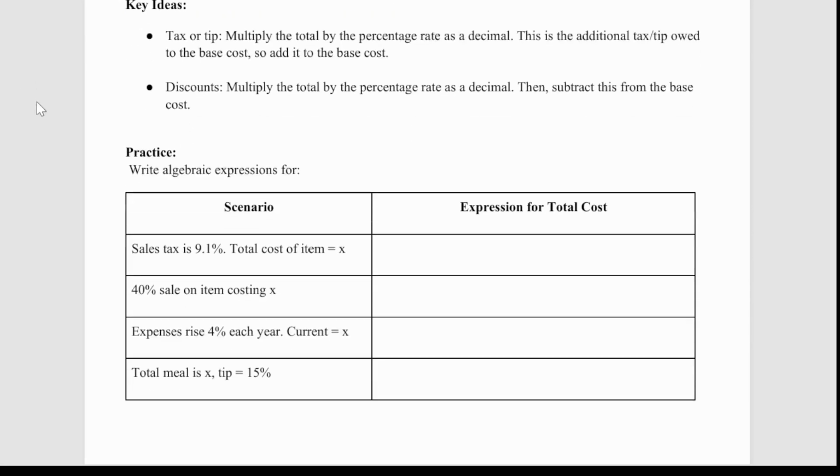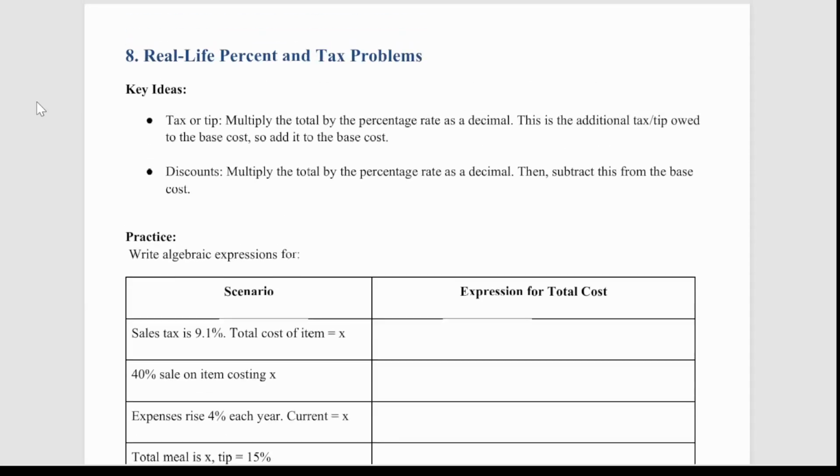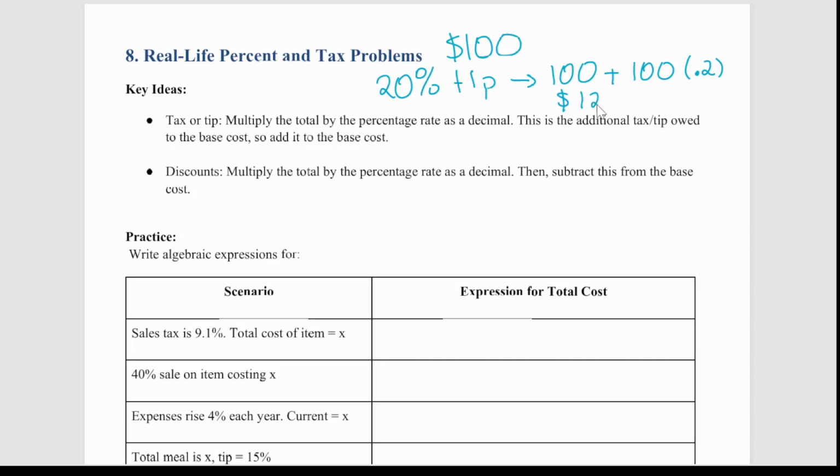So let's take a look at a very concrete example of that with actual numbers before diving in here. Let's say an item costs $100 and you're doing a 20% tip on that. Well, what you would do to find that out is you would still have the $100 you have to spend, but then you would add 100 times 20% as a decimal, which is 0.2, for a total spent of $120.